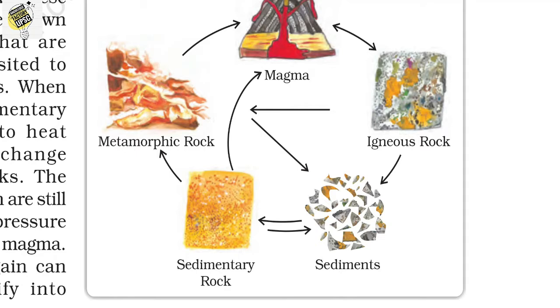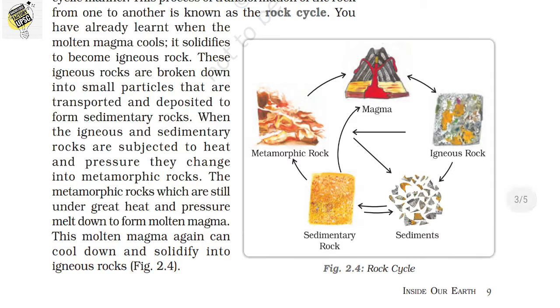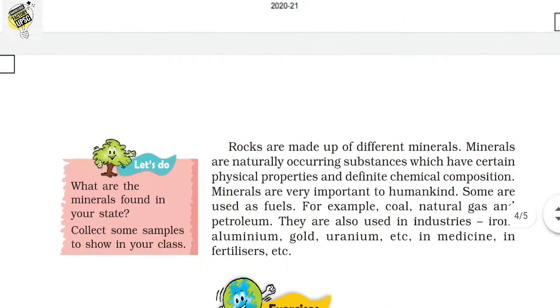These metamorphic rocks go inside the earth, are heated again, and change into magma. Again this magma comes out of the earth to form igneous rock. This cycle continues, and it is a beautiful cycle which represents how rocks change from one state to another.